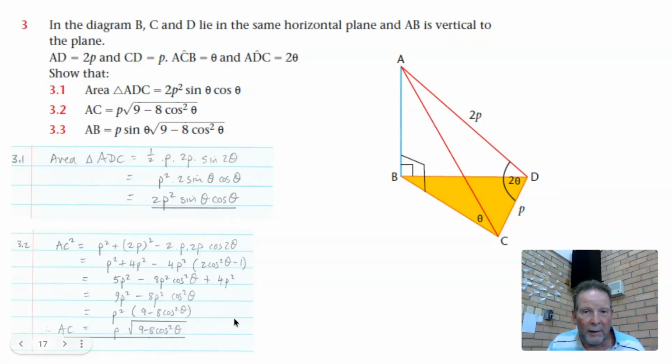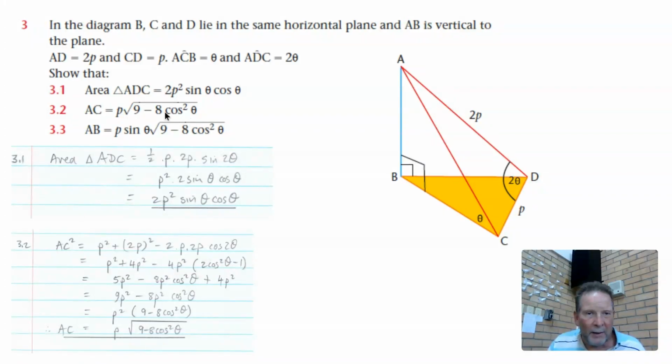And this is what he did. He went, let's take these 2 things, p squared and 2p squared, square them and add them together, minus 2 times them multiplied together, times the cosine of 2 theta. Okay, let's do that. So we've got p squared plus 2p squared. Well, that's 5p squared. And then 2 times 2 is 4p squared.